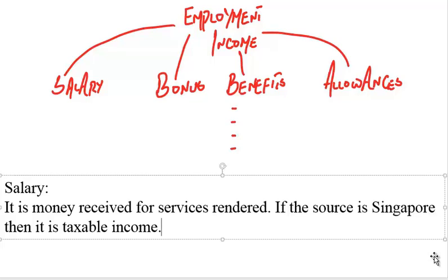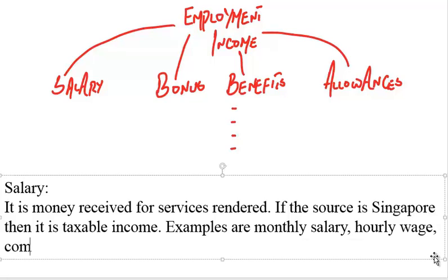It can be your wages, like your hourly pay, your fixed monthly salary, or commission. So examples can include monthly salary, hourly wage, commission, and so on.